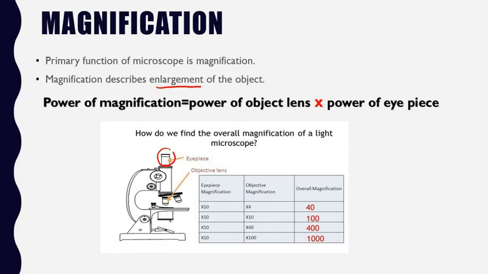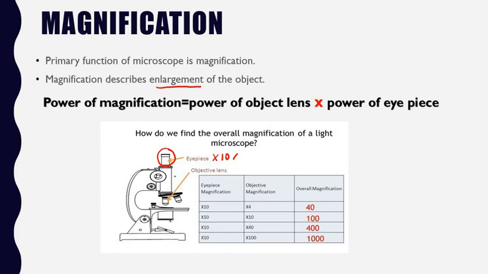The eyepiece lens is generally constant, it remains 10x. For the objective lens you have options: 4x, 10x, 40x, 100x. You can change this, but the eyepiece lens remains constant, which is generally 10x.